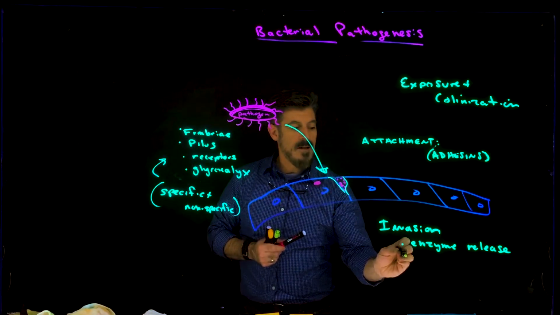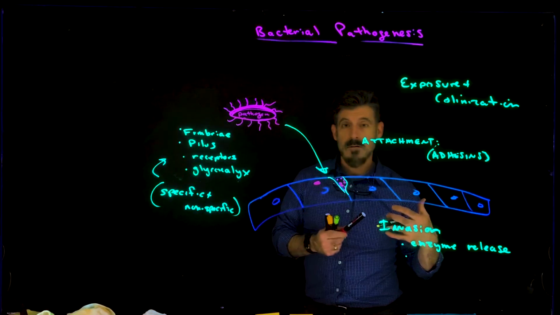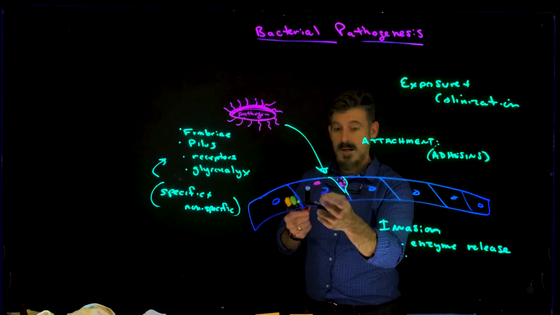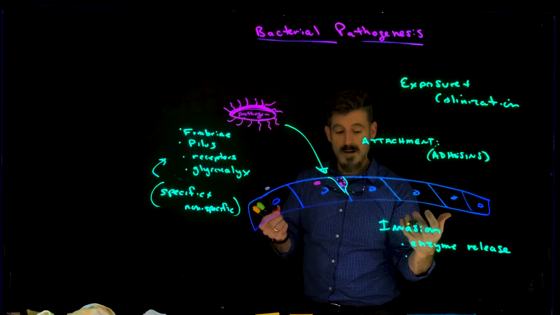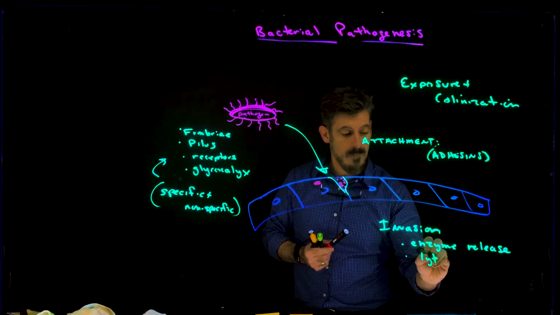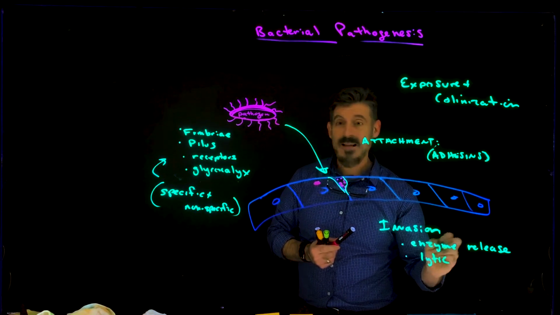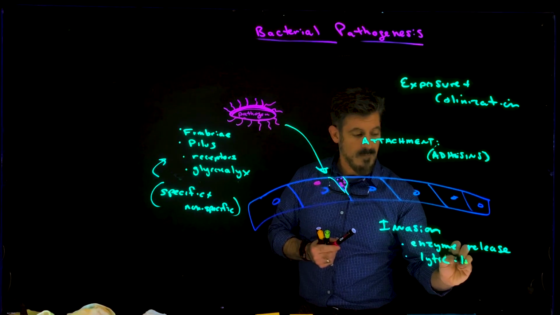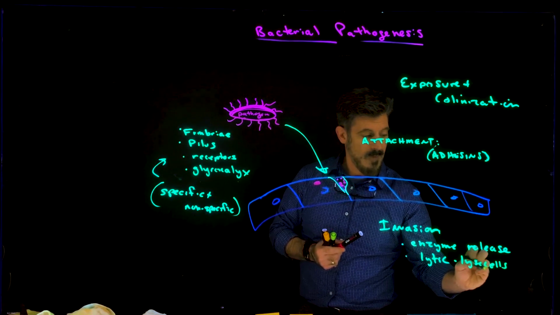The enzymes that are released are going to either damage a specific cell or a variety of cells. They can be lytic enzymes causing lysis of cells of a variety of types.